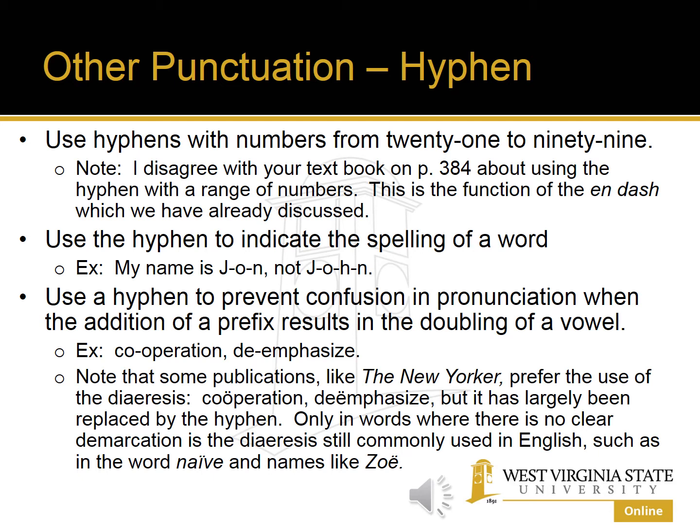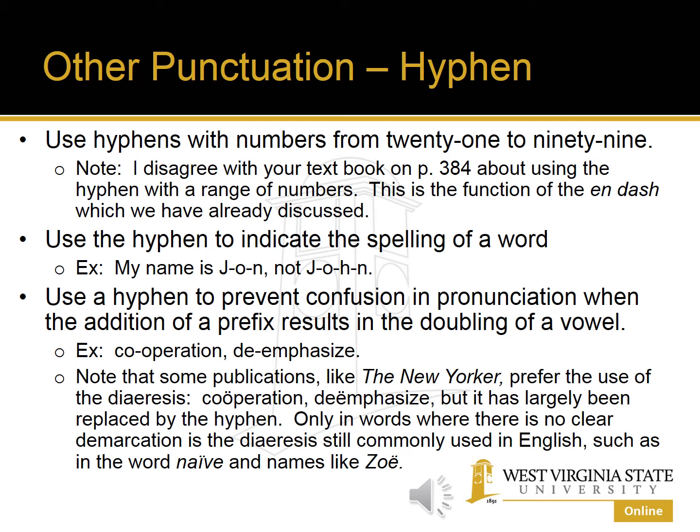So the only way to really indicate that both the A and the I are to be pronounced and we don't have a diphthong here is we put a diaeresis over the I to indicate that there are two syllables here, naïve. Or another example would be, for example, in the name Zoë, we indicate with a diaeresis over the E that this name is two syllables. It's not Zoe, it's Zoë.